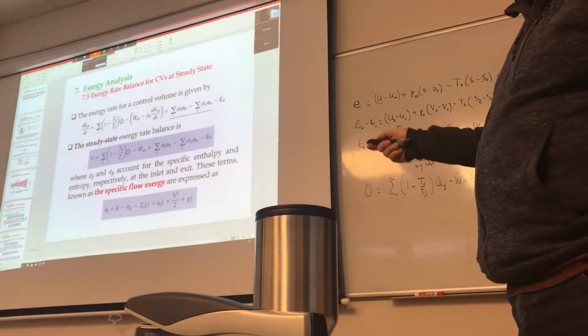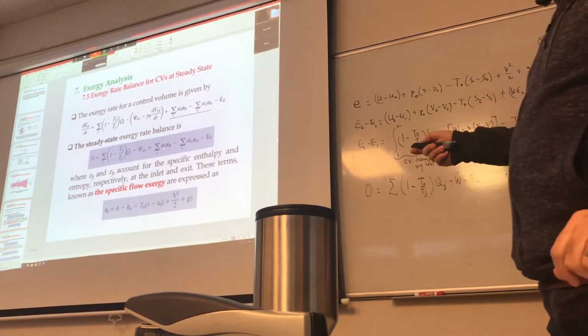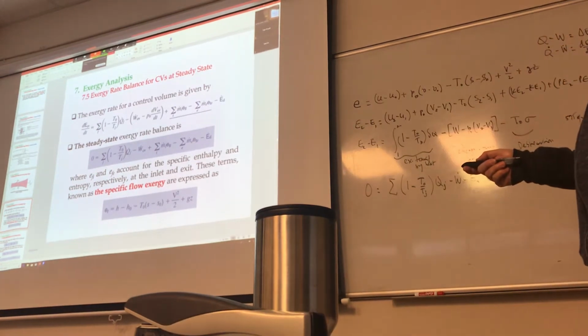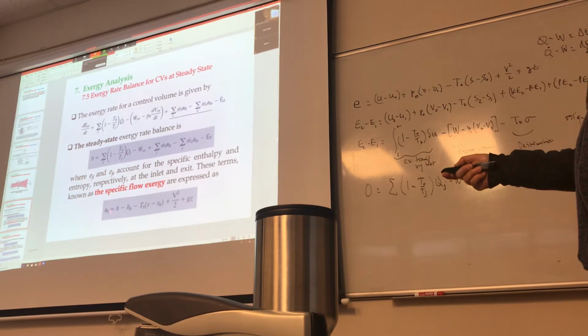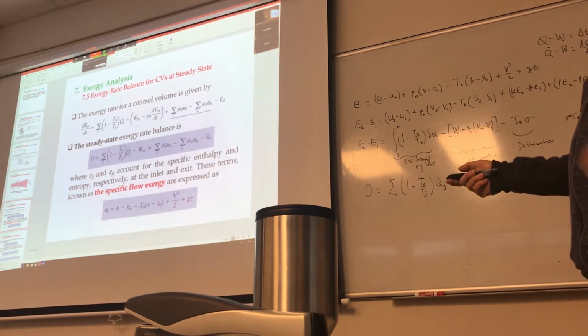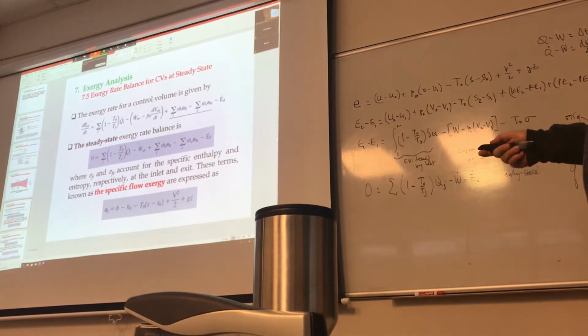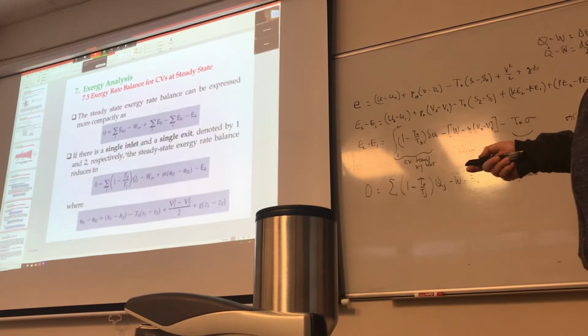Now, in steady state, obviously the term on the left is equal to 0. This equation can be simplified, or rather, these terms, the exergy of fluid in and fluid out, or flow in and flow out, you can calculate using this particular equation: the enthalpy minus the enthalpy of the dead state, minus T0 times S minus S0, plus V0 squared over 2. So it's just a bunch of equations. These terms will be calculated using that equation.